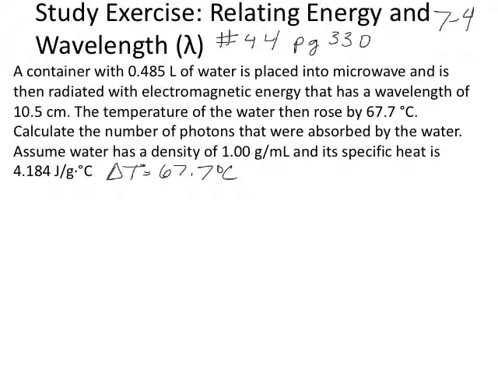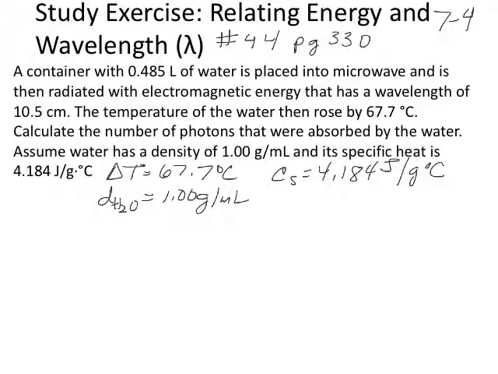You're given a specific heat of water, CS of water, which is 4.184 joules per gram degrees Celsius. You're given a density of water, which is 1.00 grams per milliliter. These are some conversion factors. You're given a wavelength of 10.5 centimeters. And you're given a volume of 0.485 liters. So that's kind of just what you're given.